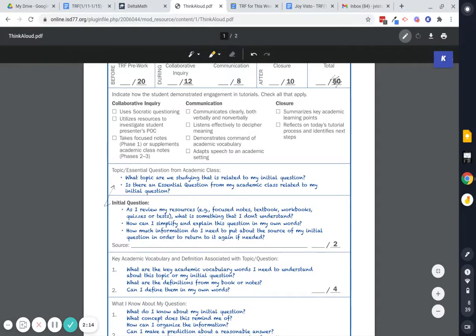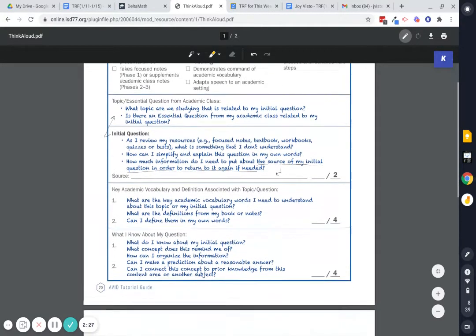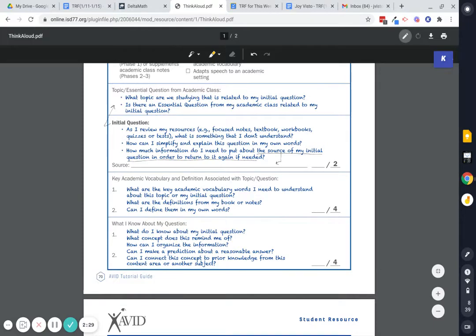That's an interesting tidbit. Where is this coming from? And how much of the source matters? If this comes from one of your Moodles, then maybe put exactly where so we can come back to it and look at it. Key academic vocabulary. What are key words that I need? What are the definitions? Right? Remember, you have to have a word and a definition.